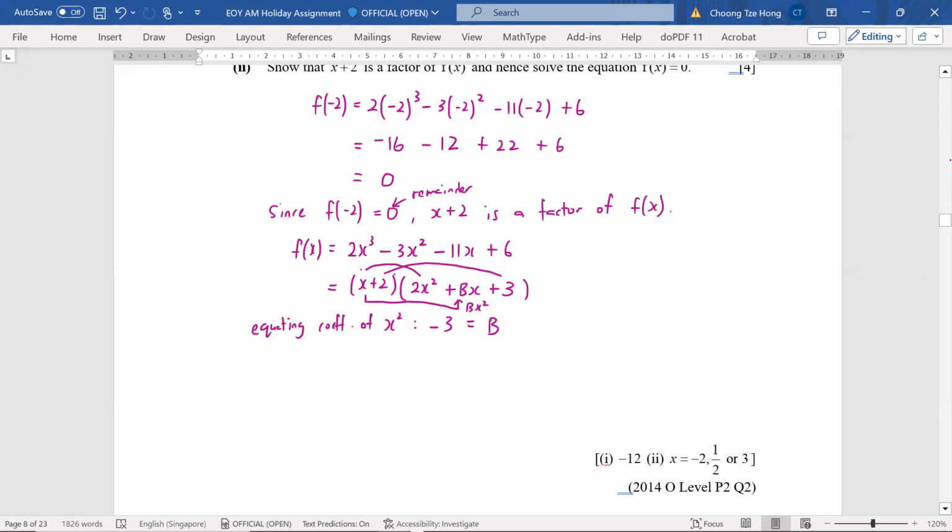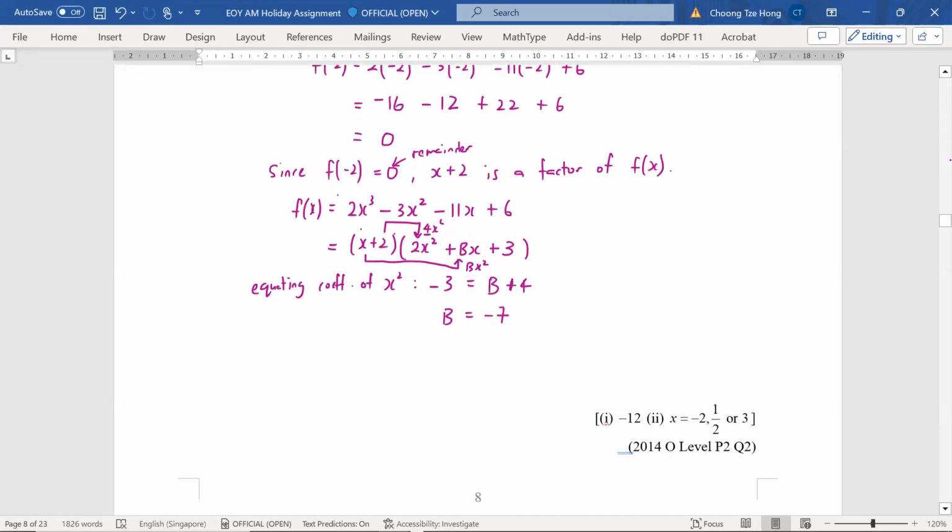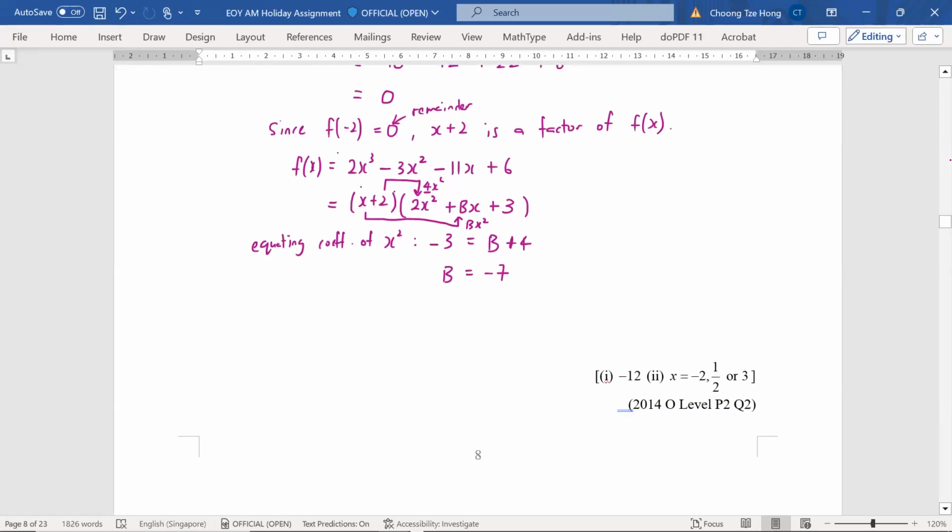Then the other one, there are always two, will be over here: 2 times 2x squared gives you 4x squared, so 4 is the coefficient. So we have b plus 4, which gives us b equals negative 7. Now that we know b, we can fully factorize it.